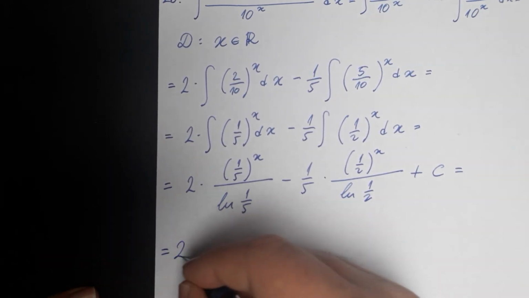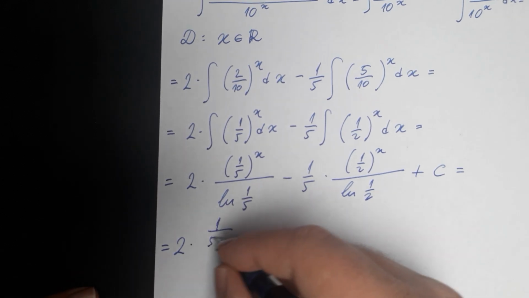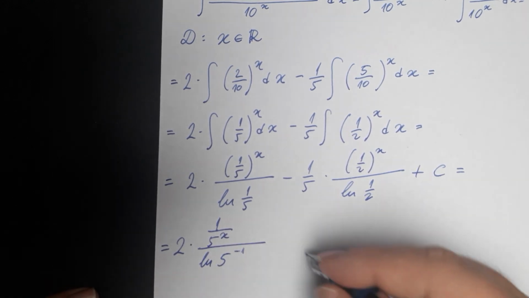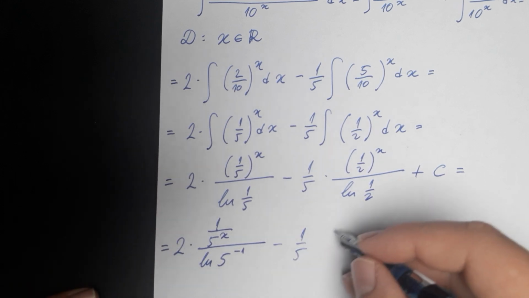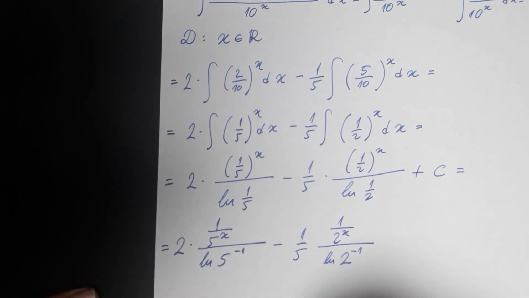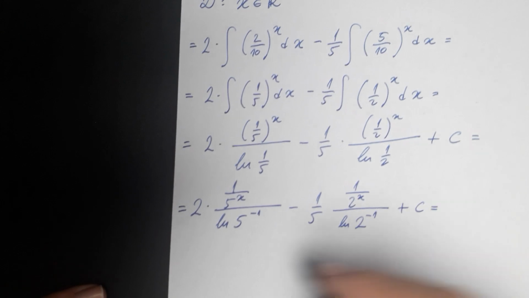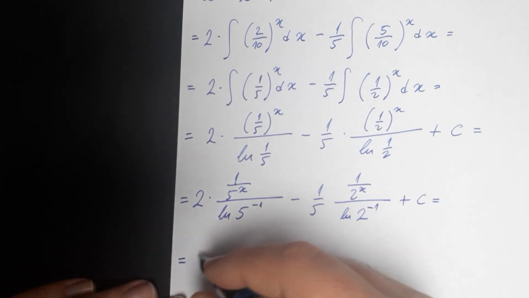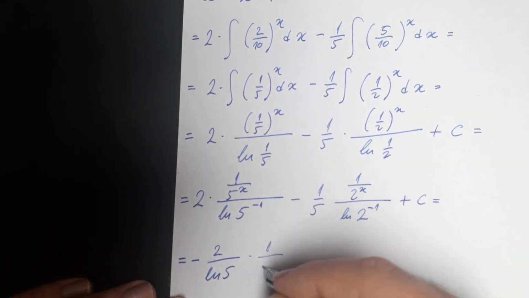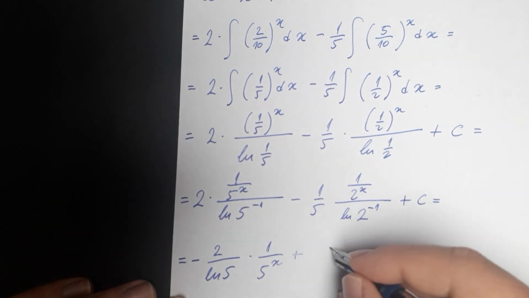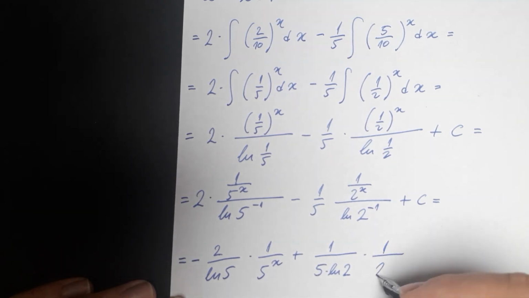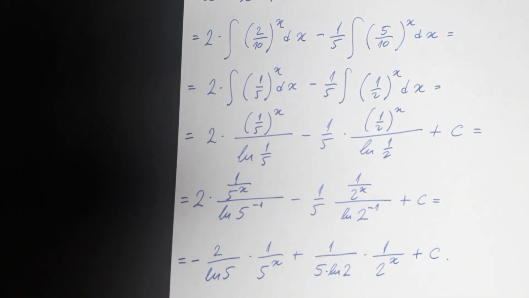And this is then equal to 2 times 1 divided by 5 to the power x divided by ln of 5 to the power negative 1, minus 1/5 of 1 divided by 2 to the power x divided by ln of 2 to the power negative 1, plus c, which is then equal to negative 2 divided by ln 5 times 1 divided by 5 to the power x plus 1 divided by 5 times ln of 2 times 1 divided by 2 to the power x plus c.